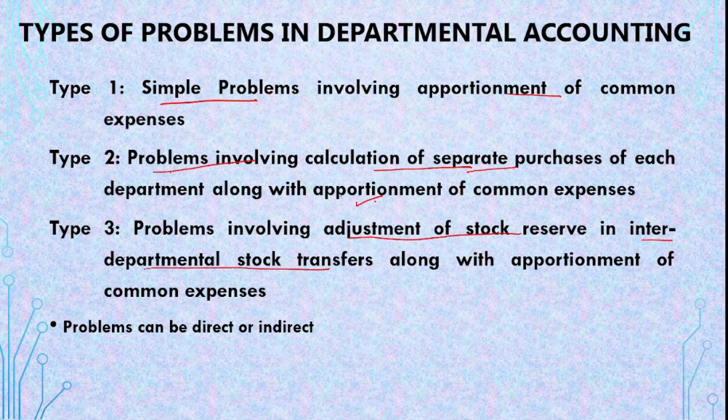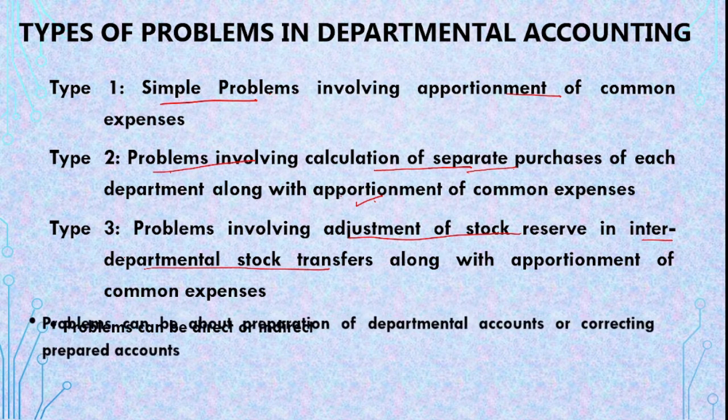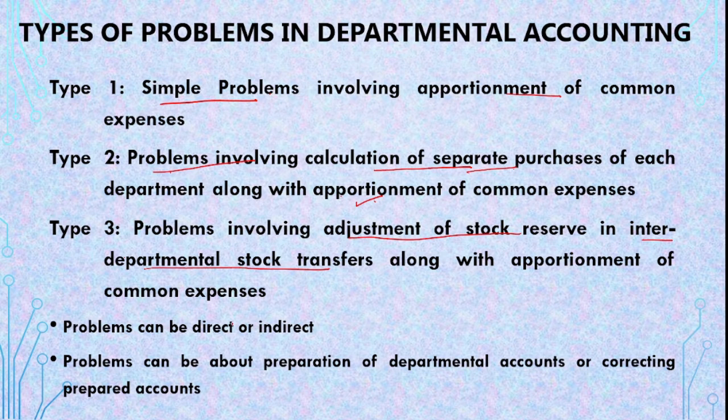So it's not direct that you prepare the account, but you are given certain input, certain information, and then you have to use your good sense of judgment and decide what is to be done and how it is going to be done. Second, problems can be about the preparation of accounts, or about correcting the prepared accounts. That is, the accounts have already been prepared and you have to correct them. So direct preparation or corrections. You can have these types of problems.